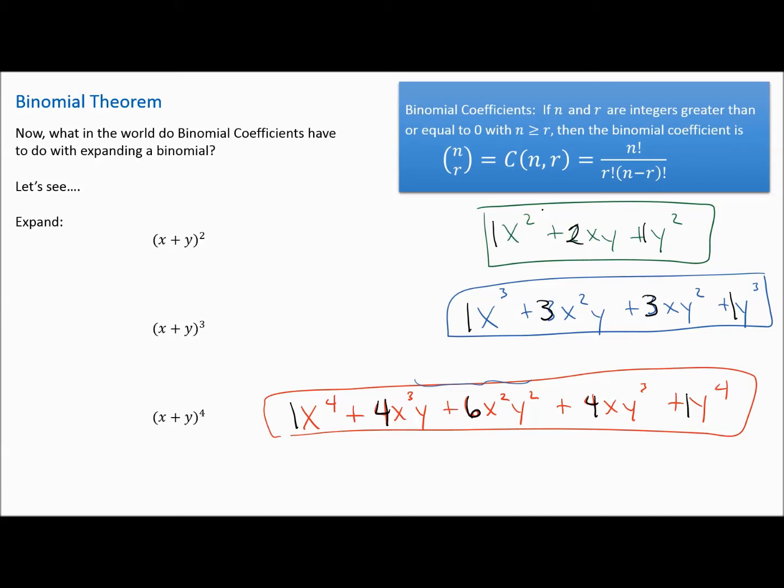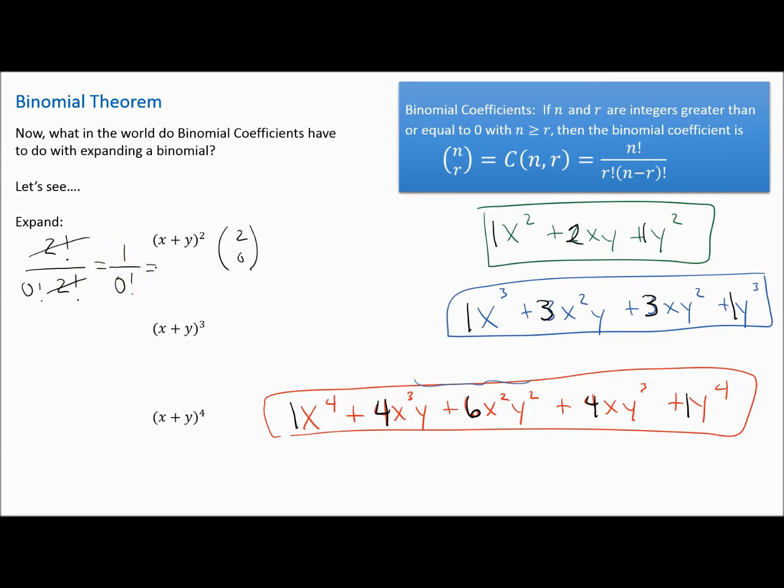Okay, here's what we're doing. This first binomial coefficient, this guy right here, is 2 choose 0. Turns out 2 choose 0 is 1. Let me show you why. Remember, the top number goes on top with a factorial, the bottom number goes on the bottom with a factorial, and then you subtract them. The 2 factorials cancel each other out, so I get 1 over 0 factorial.